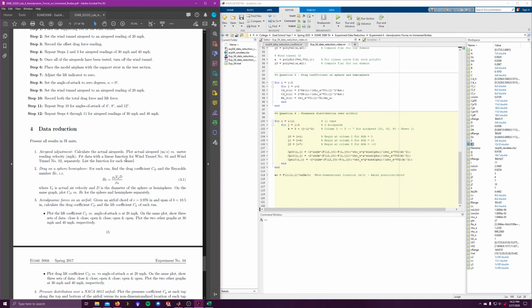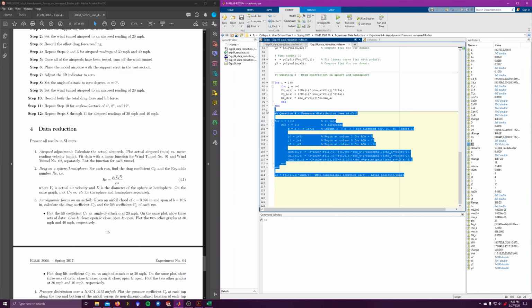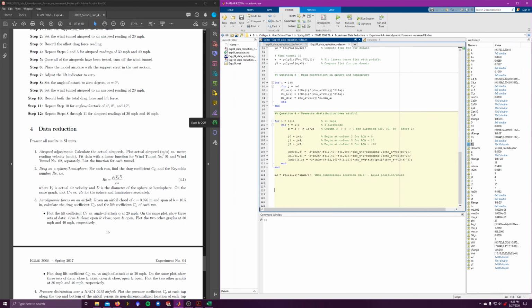Okay, so for this data reduction in this lab report, I'm going to have you work on question 3 by yourself. If you have issues, you can contact me and we can work them out. But the logic that we're going to use in question 3 is similar to the logic that we're going to use here in question 4, and it's similar to what we've been doing in all of these data reduction videos.